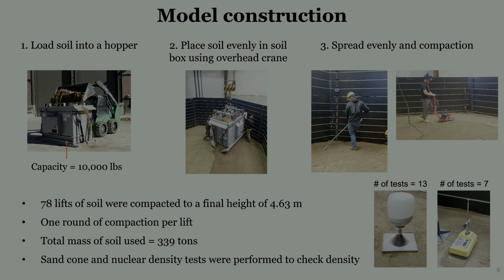This was calibrated in the beginning of the model preparation process. The total mass of soil used was 339 tons. To check the density of the soil as we were building it, we performed sand cone testing and nuclear density tests.